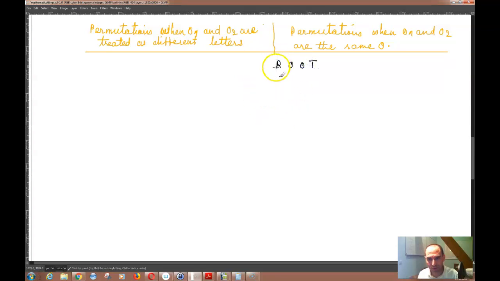So let's start with, for example, R. After R you can choose, for example, let's call this O1 and O2.